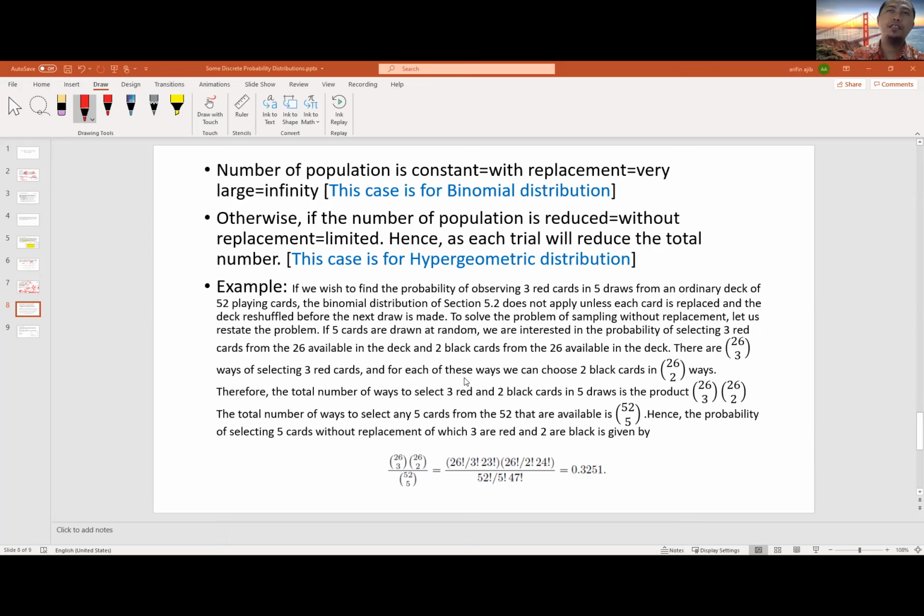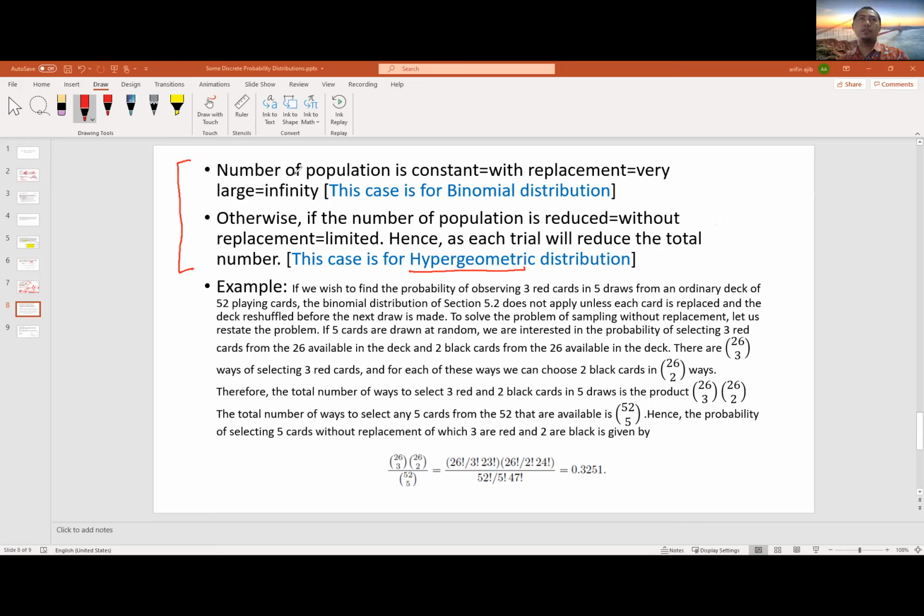Anyway, let's move forward a bit. We will talk about hypergeometric distributions. This is another distribution, but it's similar to the binomial; the difference is in this statement.